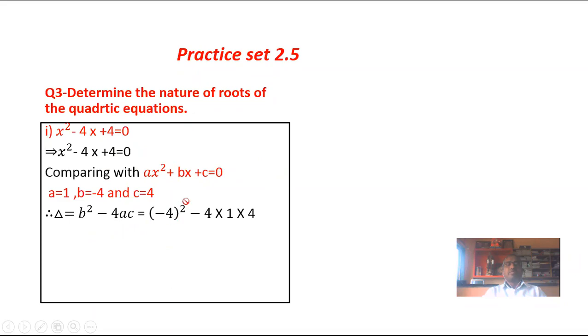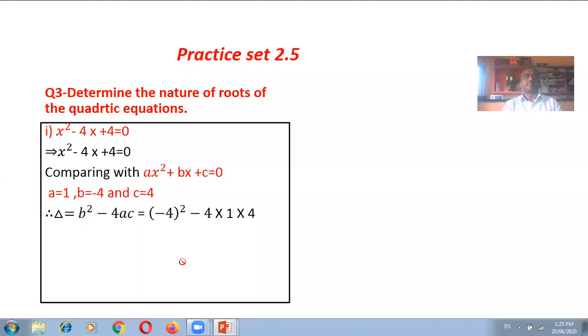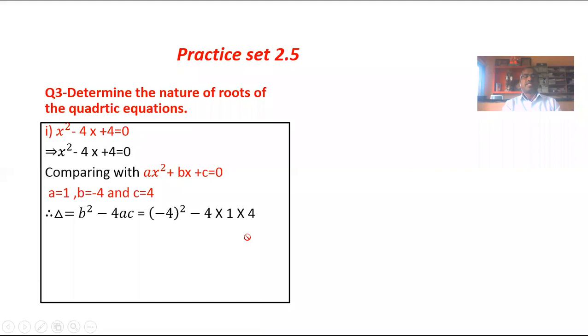The value of b is minus 4 square minus 4 into the value of a, 1, multiplied by the value of c, 4. Minus 4 square is equal to 16 minus 4 fours are 16. 16 minus 16 is 0. Therefore, delta is equal to 0.